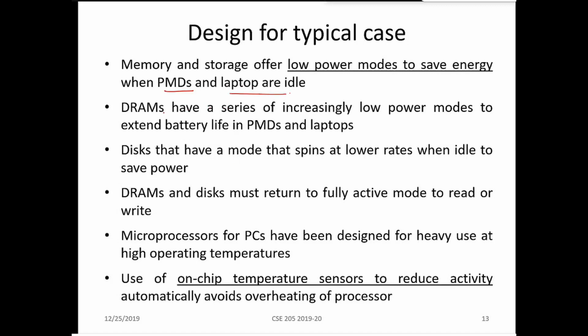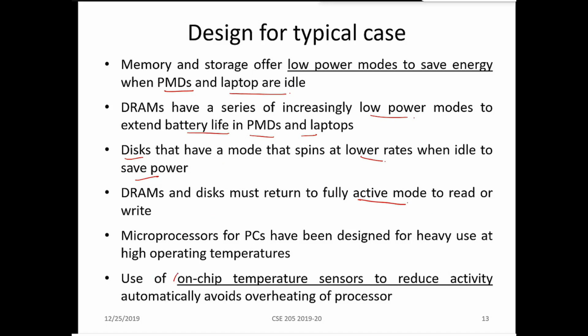DRAM has a series of increasingly low power modes to extend battery life in PMDs and laptops. Similarly, a disk may spin at lower rates when idle to save power. It keeps spinning, but at a lower rate when idle. When it goes for a read, it has to come back to the active mode.